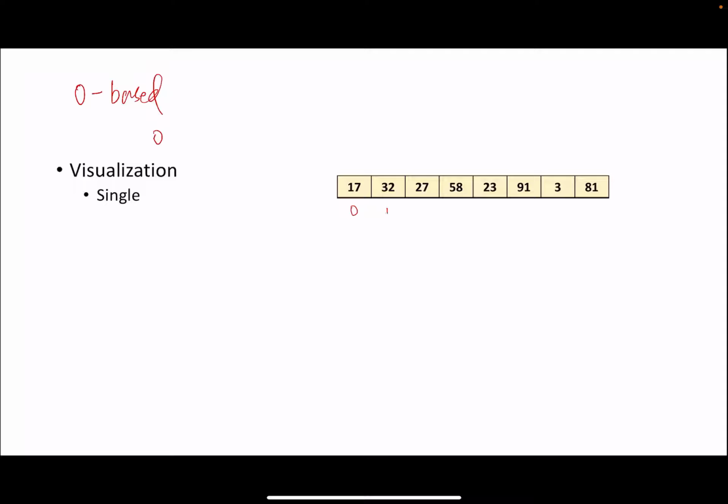One, two, three, four, five, six, seven. So this also implies the size is 8. We use the property length to return the size.